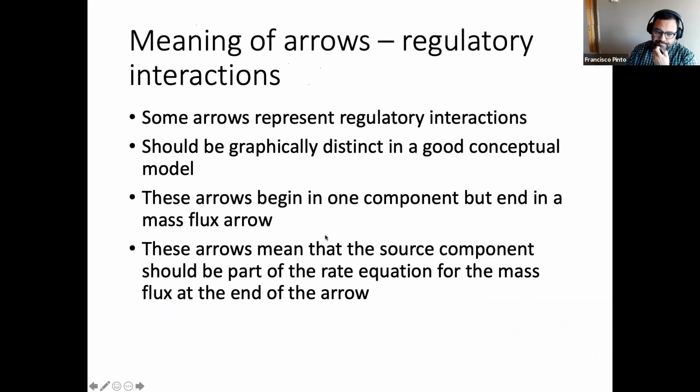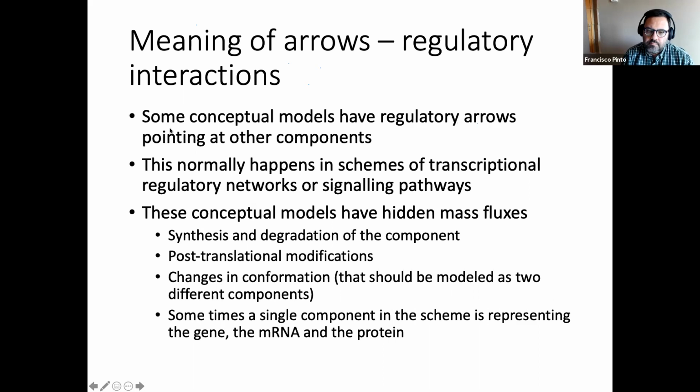Okay. So you have to be careful about what the arrows mean, and if they are regulatory or mass fluxes, and if you have even information. That was what I was explaining.